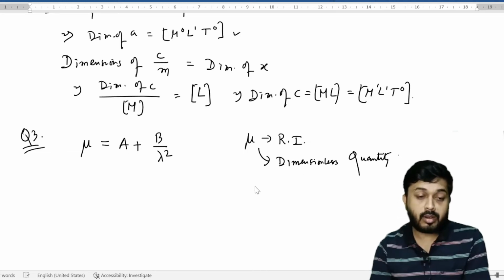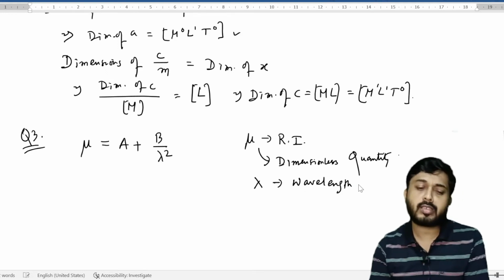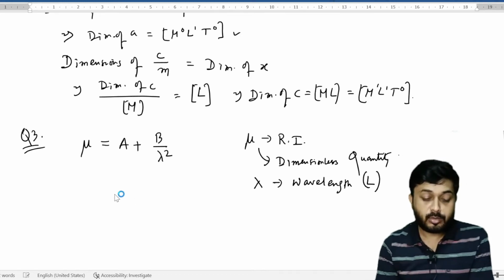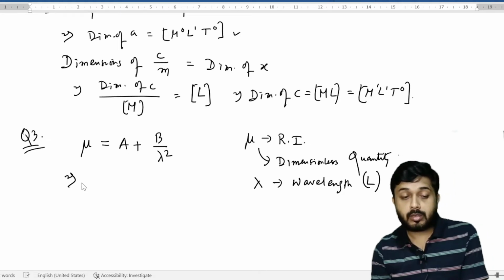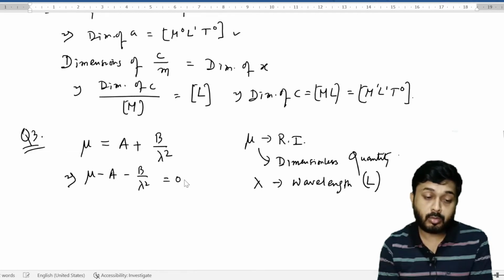And what is lambda? This lambda is wavelength. What is wavelength? This is indeed a length, nothing but a length. So that is making it a simpler one, mu minus a minus b by lambda square equal to 0.